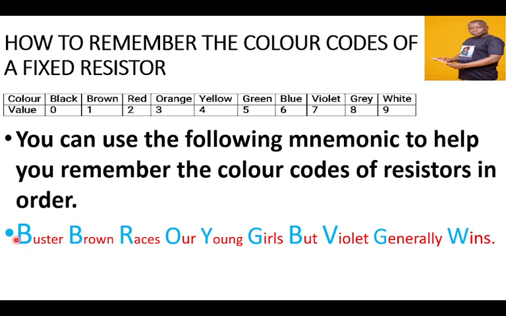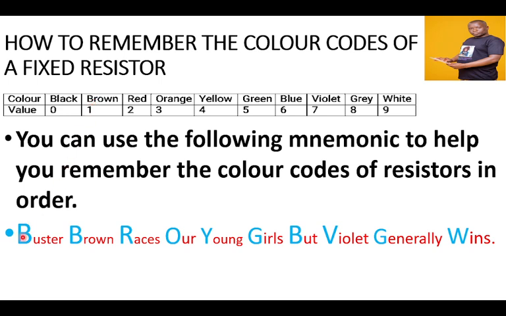Let's read it together: Buster Brown races our young girls, but Violet generally wins. If you look at the first letter of each word, each letter represents one of the 10 colors of resistors.